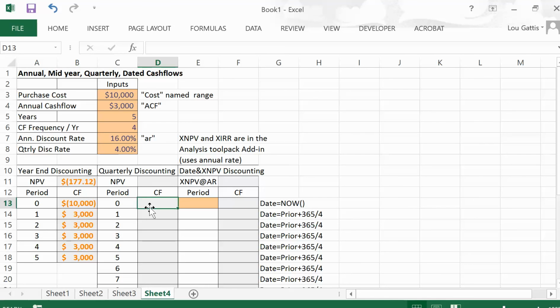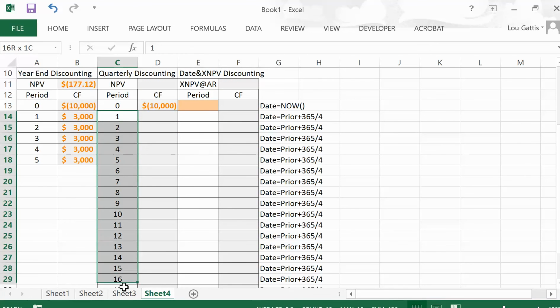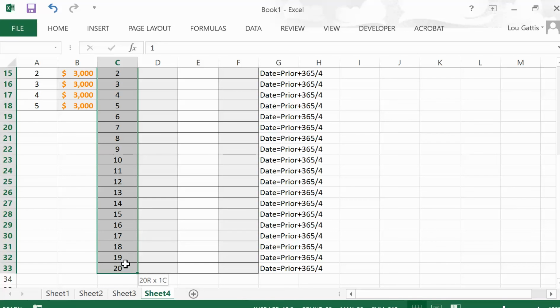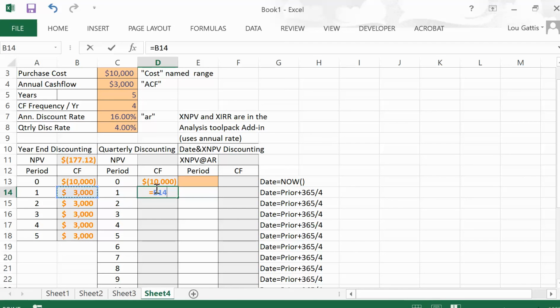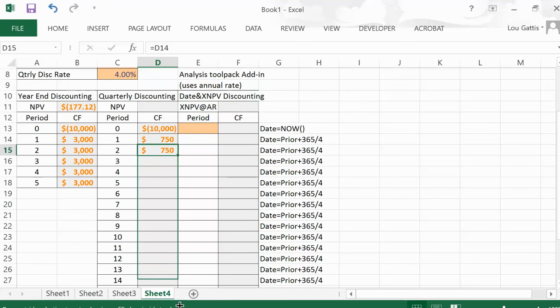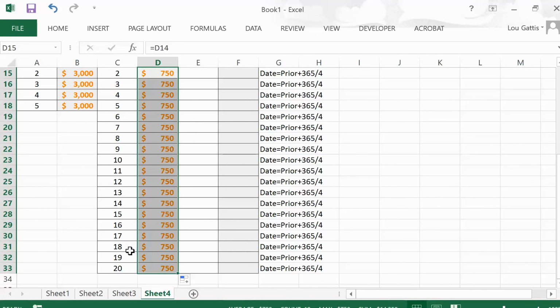But wait, let's try to actually model the cash flows a little closer. Let's say they cost us $10,000 today, but now these are quarterly payments for 20 quarters, which is 5 years. So each quarter I'm going to get 3,000 divided by 4, 750. So in reality, it really looks like this, where these periods are quarters and not years.